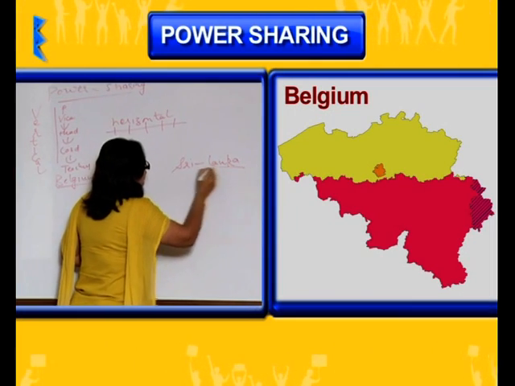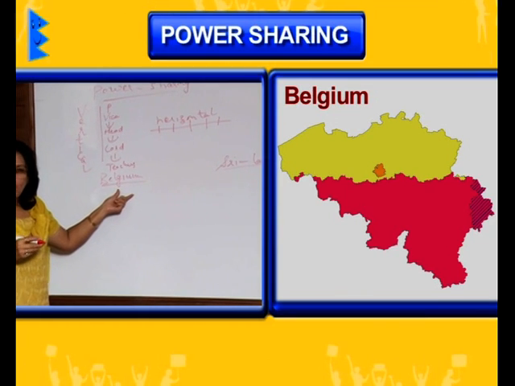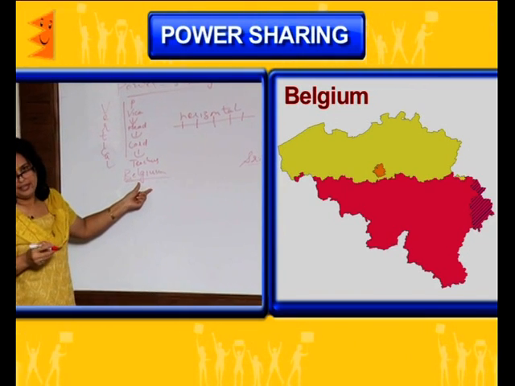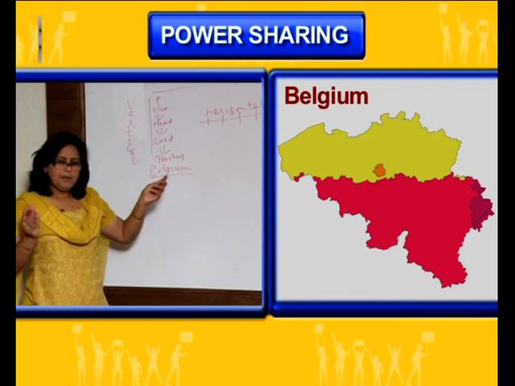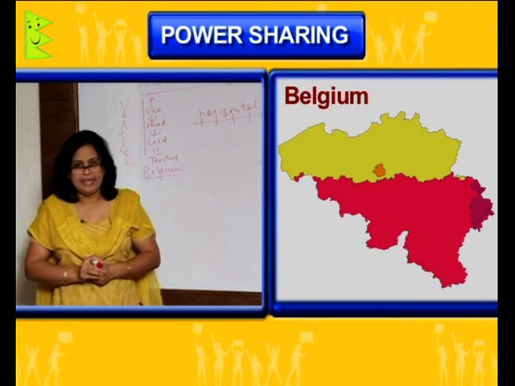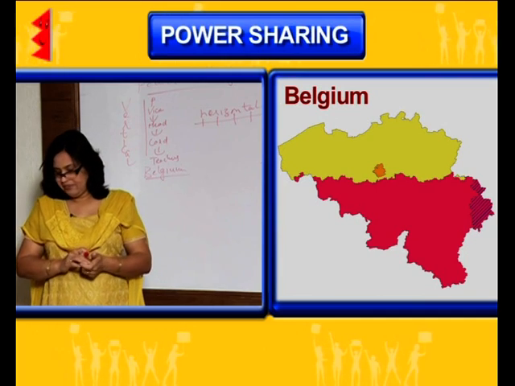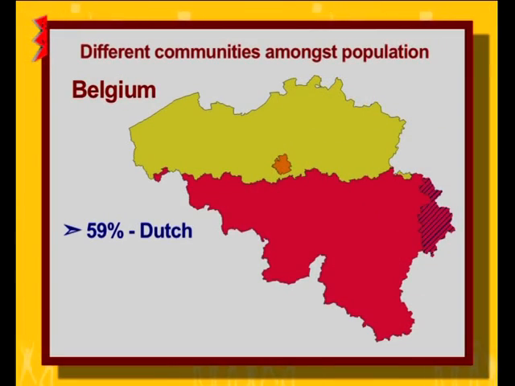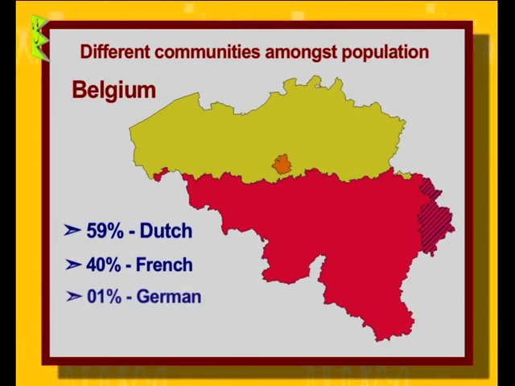Now, Belgium is a very small country, almost like the state of Haryana that we have in India. There are many different communities who stay there and they speak different languages. 59% of the population which resides here speaks Dutch. 40% of it speaks French, and the remaining 1% speaks German.